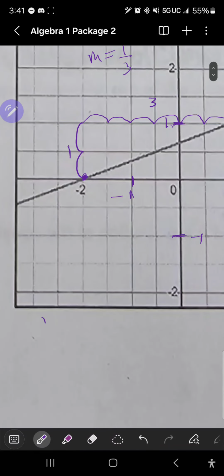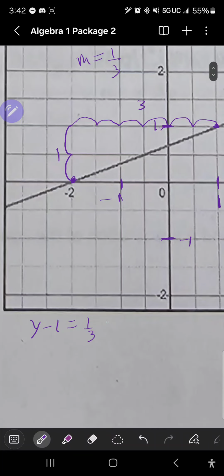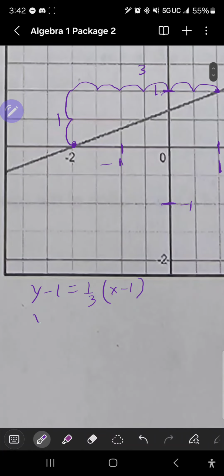So I will say that y minus 1 equal 1 over 3 times x minus 1. So y minus 1 equal 1 over 3x and 1 over 3 times negative 1 is just minus 1 over 3.